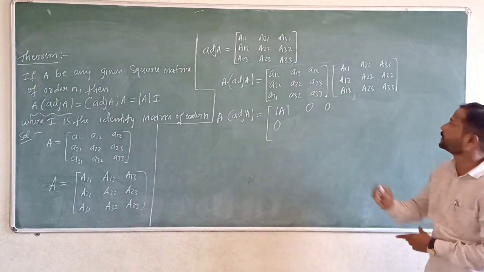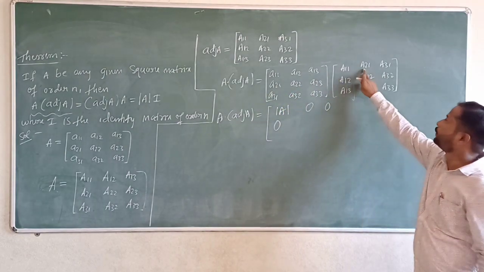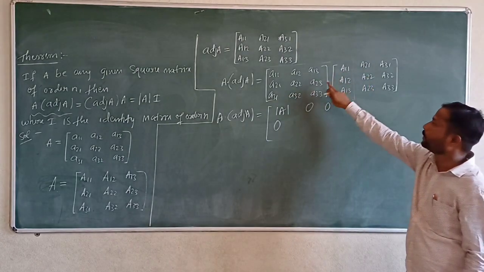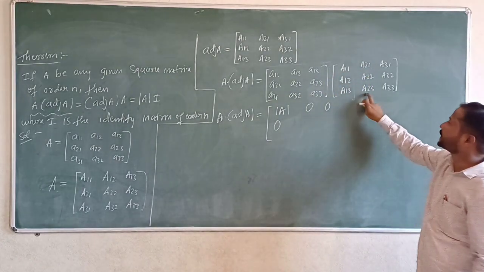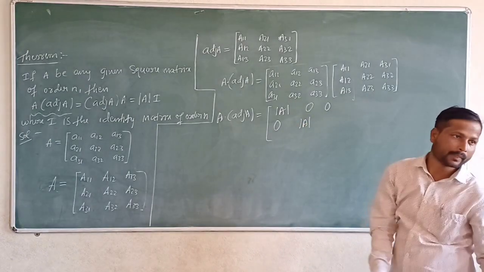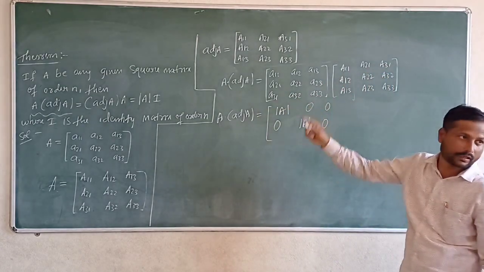Next, element A21 with cofactor A21, element 22 with cofactor 22, element 23 with cofactor 23, then it is said to be the determinant. And again the last one is also 0, since 21 and 31 are different.